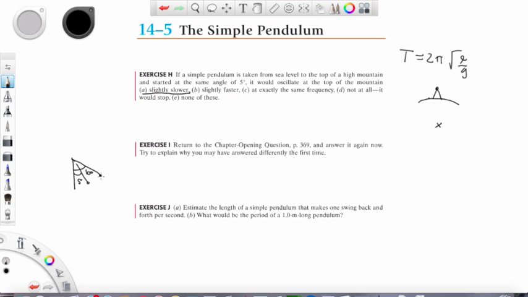In essence, they're asking what happens to the period of the pendulum when you change the initial angle.